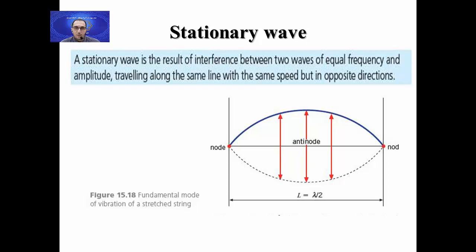This is the fundamental mode of vibration of a stretched string. I said one section. It's very important because we need it in substitution in the formula of stationary wave. So L in this case equals lambda over 2.